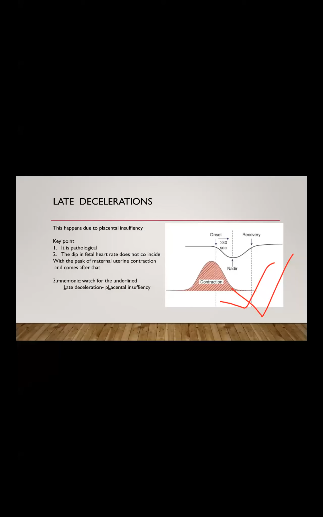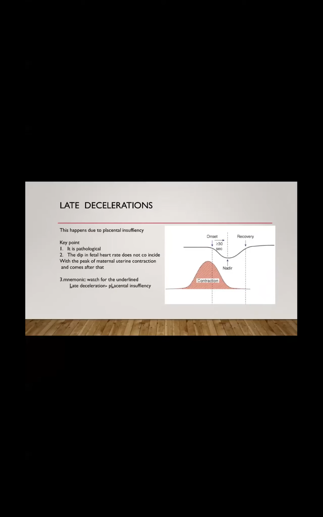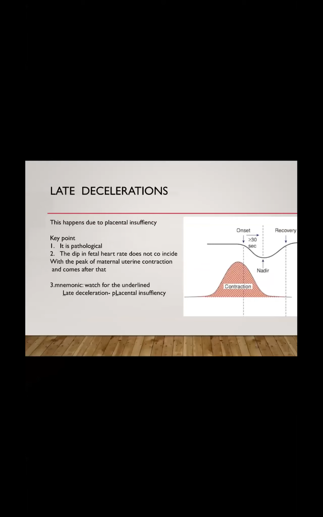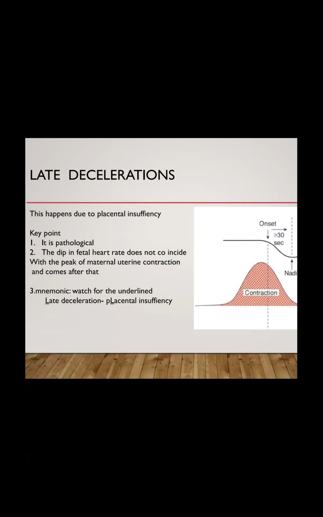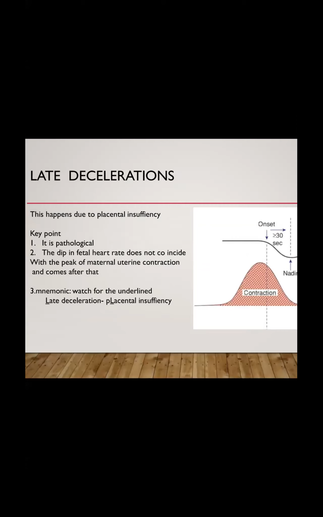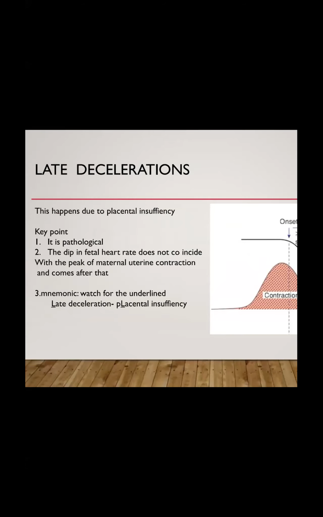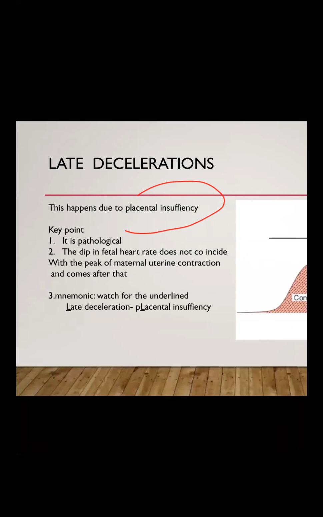Now late deceleration. Late deceleration means placental insufficiency. MOH candidates, this is very important: they give placental insufficiency directly. It is a pathological dip in the fetal heart rate that does not coincide with each contraction.